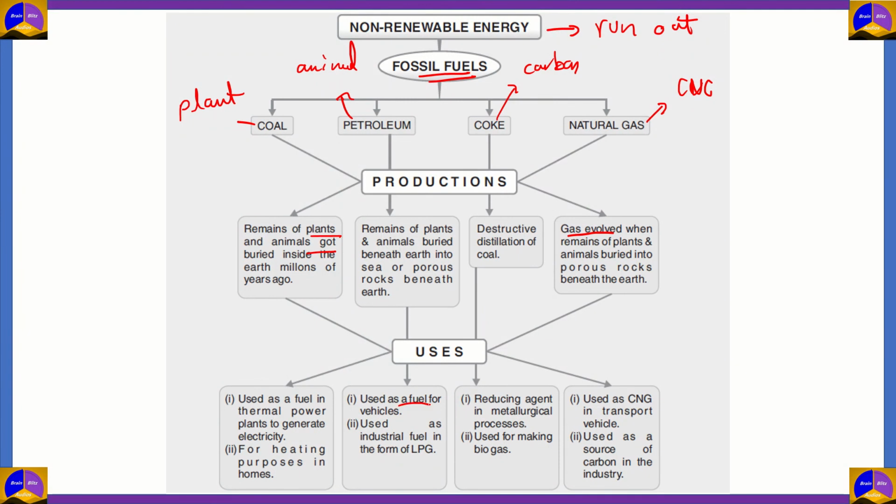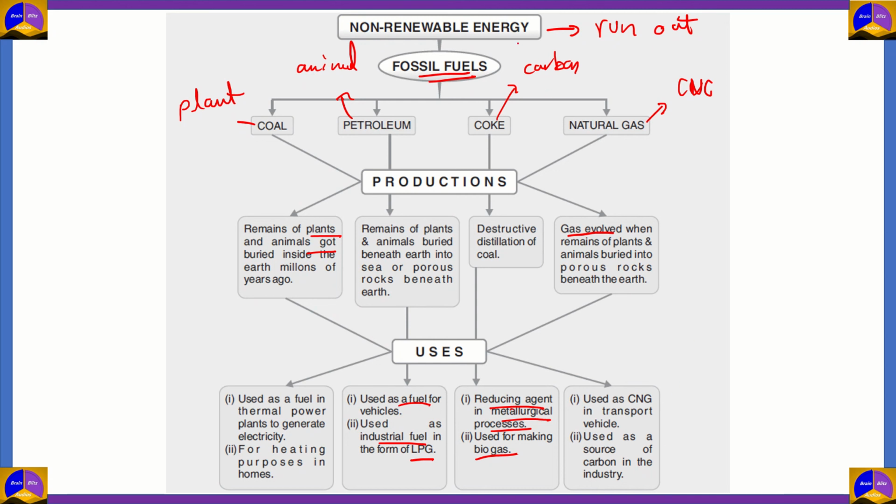Petroleum is used as a fuel for vehicles, and it's used as industrial fuel in the form of LPG. Coke is a reducing agent in metallurgical processes, and it can also be used to make biogas. Natural gas is used as CNG in transport vehicles, and it's also used as a source of carbon in industries.